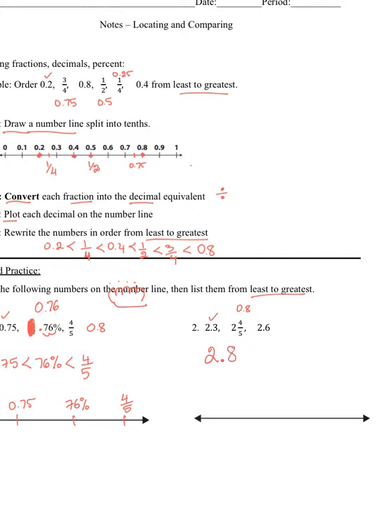So 2.8 is 2 and 4/5. 2.6 is a decimal. So the smallest number is 2.3. Next will be 2.6. And next will be 2 and 4/5. Rewrite it in the original form.